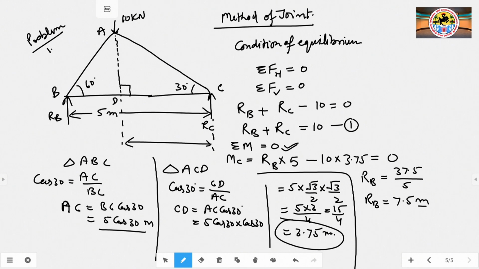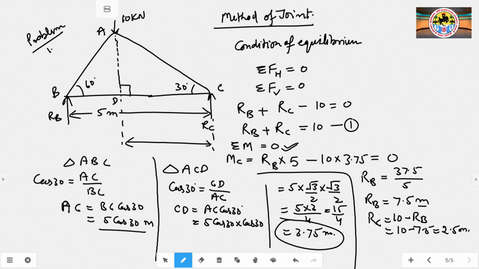Put this value into equation number 1. So, you can easily find RC is equal to 10 minus RB, and 10 minus 7.5 becomes 2.5. So, in this way we can find RB and RC.